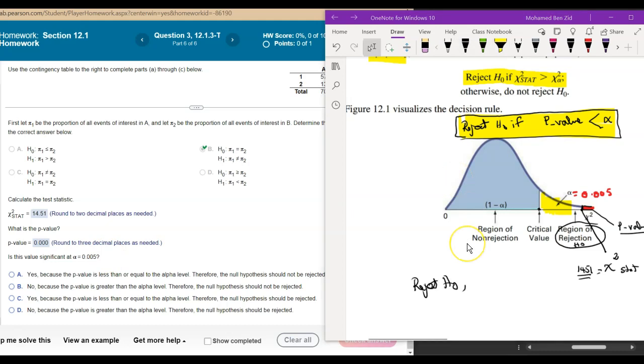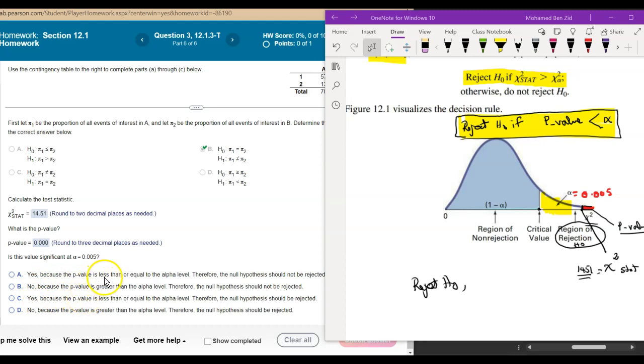If you reject, meaning the p-value is smaller than the alpha, you have sufficient evidence, or enough evidence. So yes, we do have evidence. Those three statements go together. Now the answer is either A, level of significance, yes, because of the p-value here.